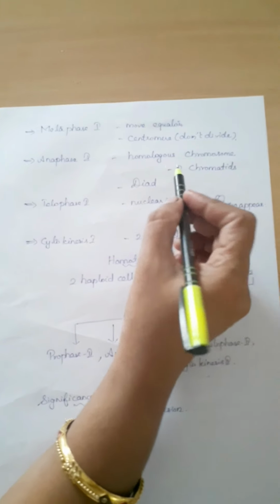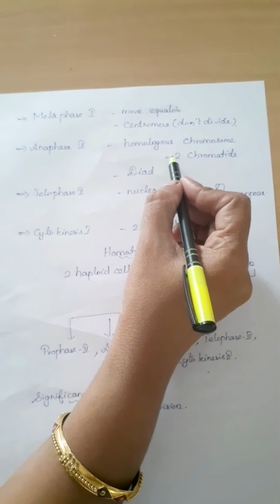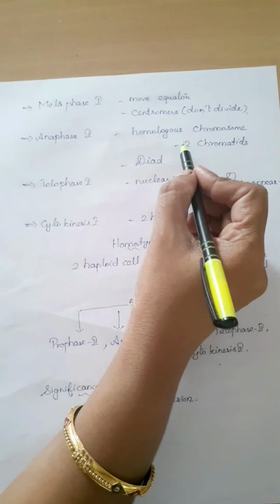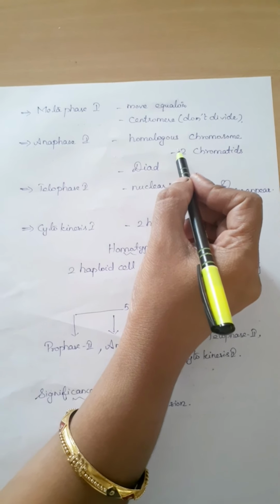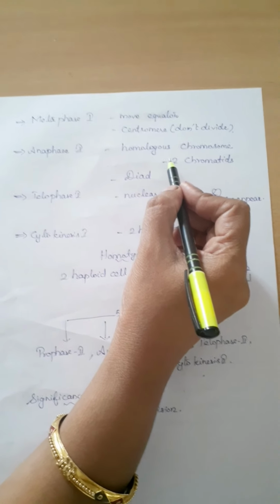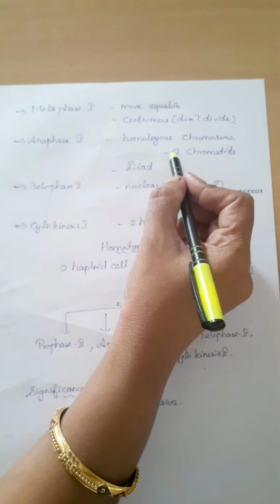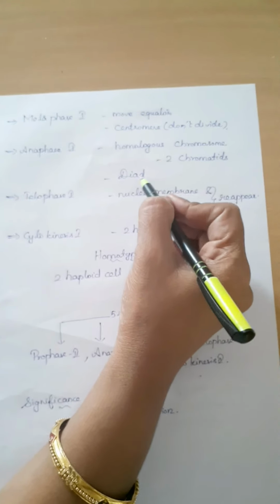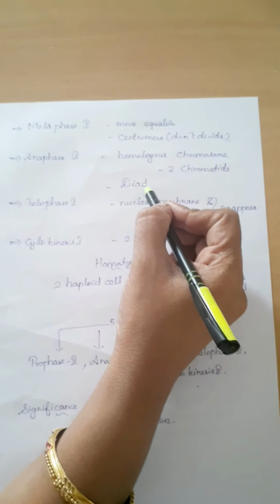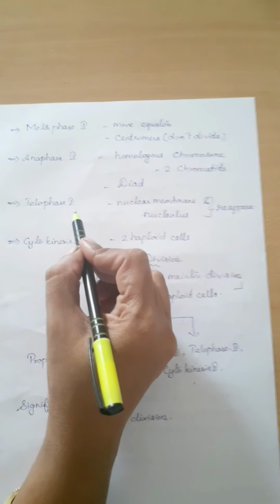Here the centromere does not divide. Each homologous chromosome has two chromatids, undivided, and moves towards the opposite pole of the cell. This stage of the chromosome is called diad. Next we are going to study telophase 1.